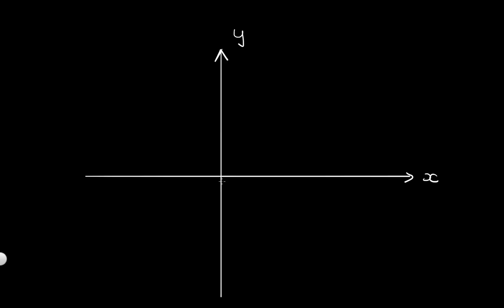The numbers along here are 1, 2, 3, 4, 5, 6, and so on. Our y values here are 1, 2, 3, 4, 5, and 6.